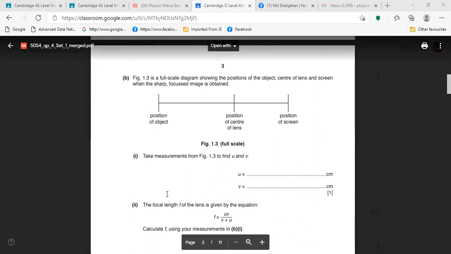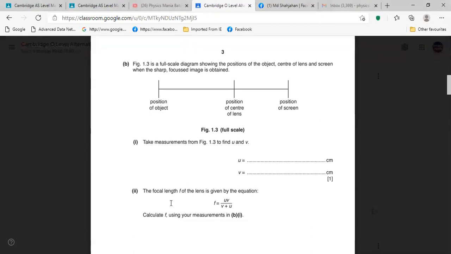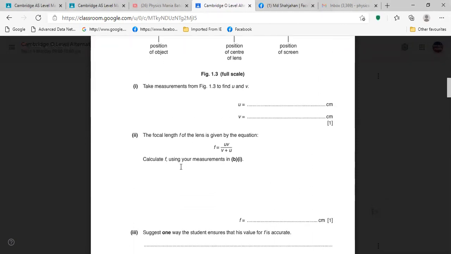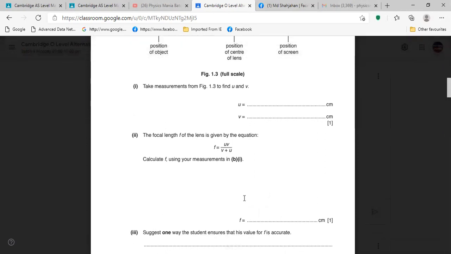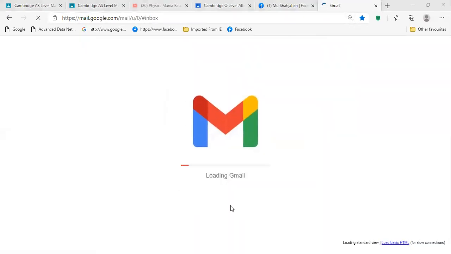Then the last part. What is the value of f, Karim? 2.5. Yes.